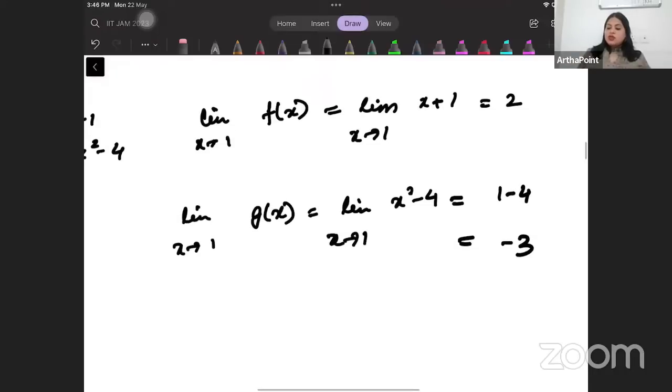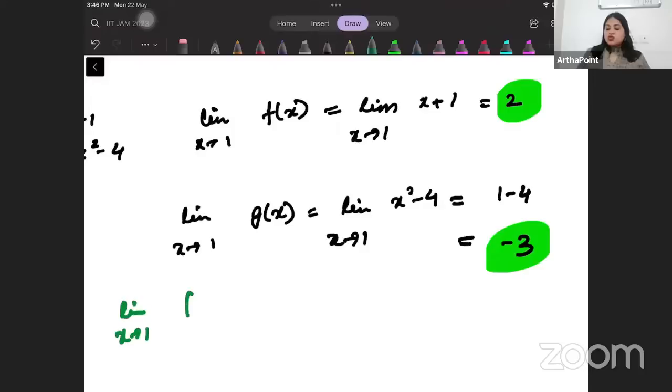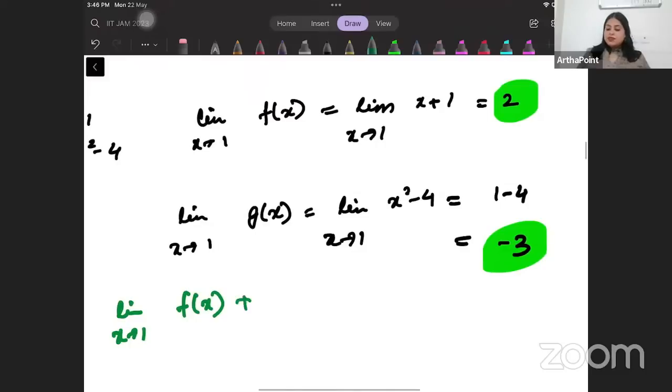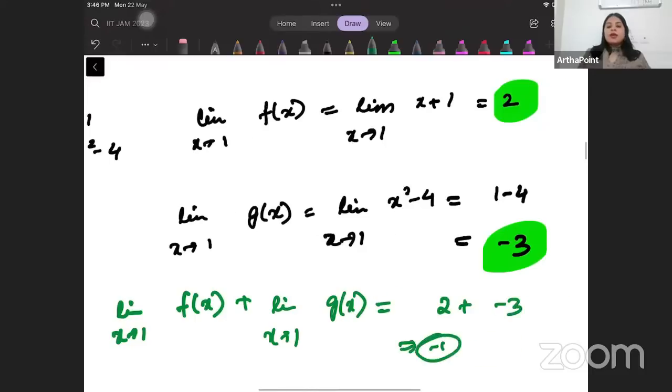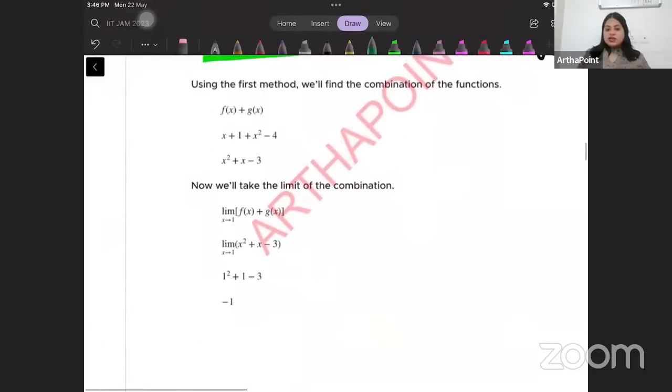Now just add the two. f(x) gives us 2, g(x) gives us minus 3. So if I add limit x tends to 1, f(x) plus limit x tends to 1, g(x), this will be 2 plus minus 3, which is minus 1. Yes, done beta, this gives you minus 1.